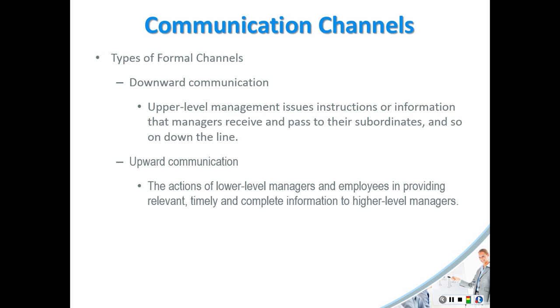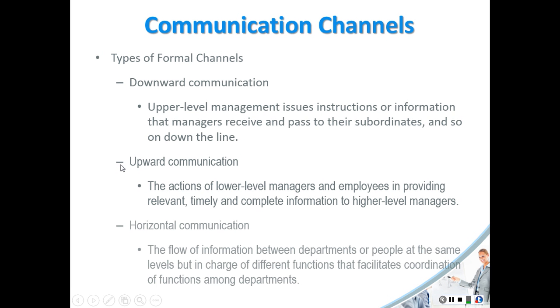The action of lower level managers who might work under you or employees in providing relevant, timely, and complete information to you, and so you transcribe and pass that information on to those above you. There's also what's called horizontal communication, and that's the flow of information between different departments or people on the same level horizontally, but in charge of different functions that helps facilitate coordination between the departments.